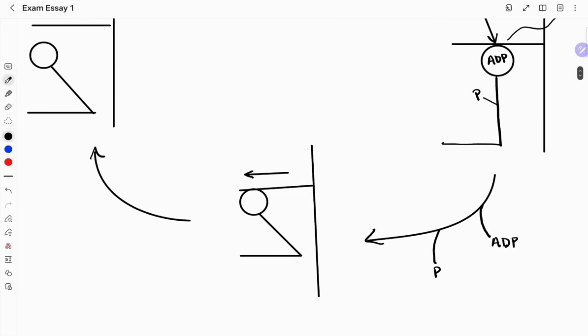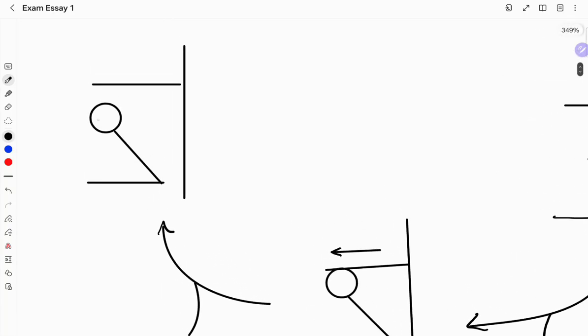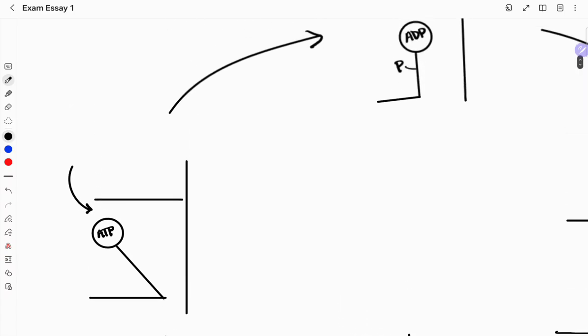And then we're going to have ATP that's available in the muscle cell that is going to bind to this myosin. And when that happens, notice that the myosin is going to be released from the F-actin.